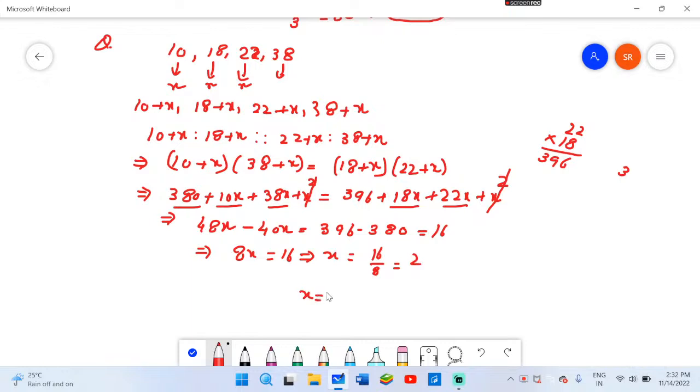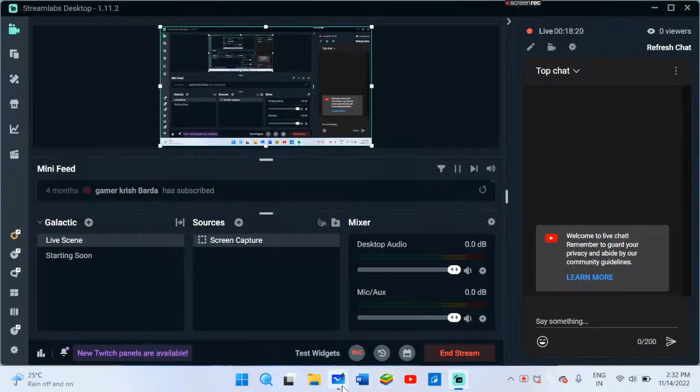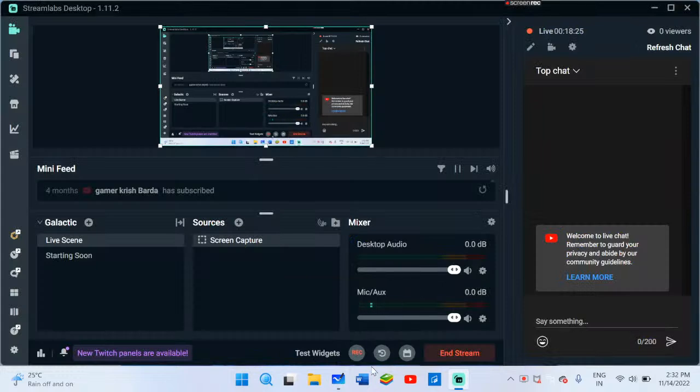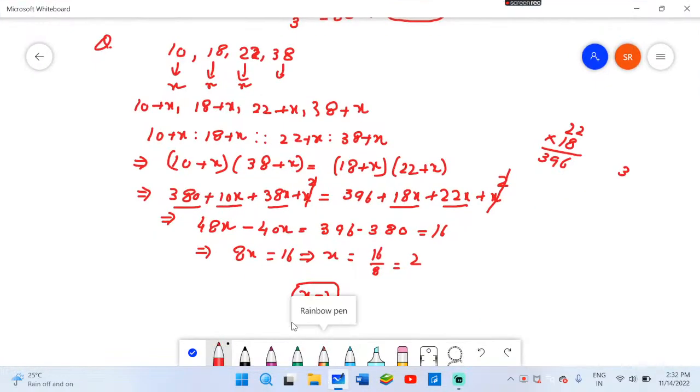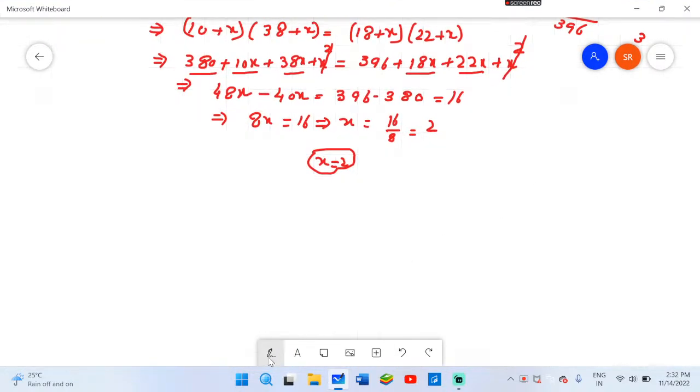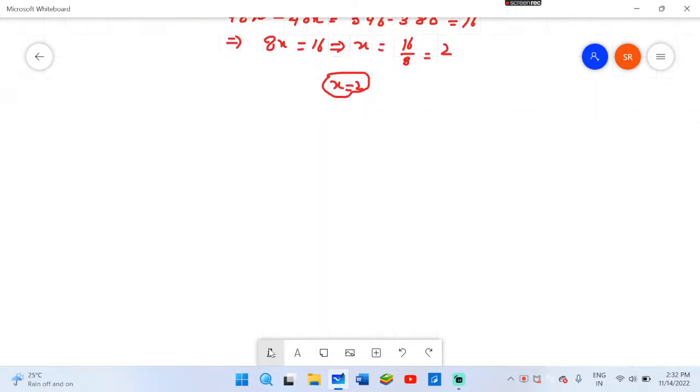So x is equal to 2 is the answer. So the number to be added to all the given numbers is 2, so the resulting numbers are in proportion.